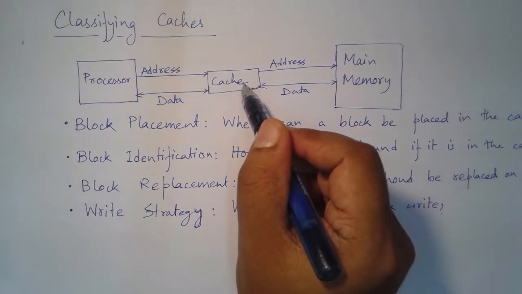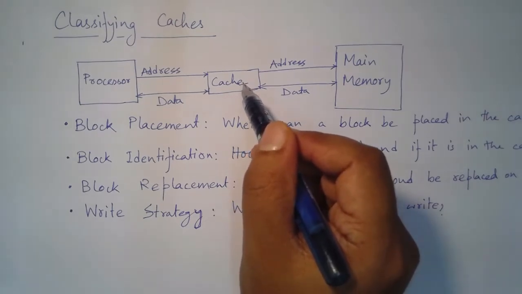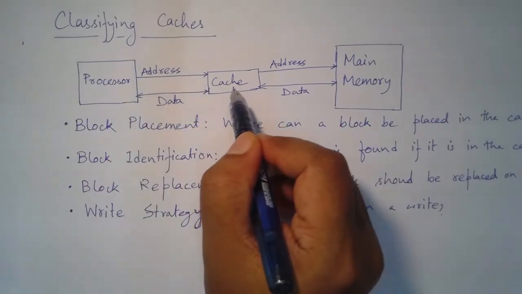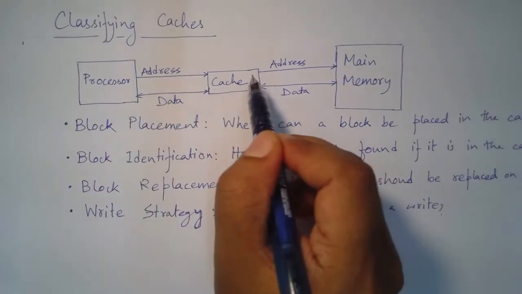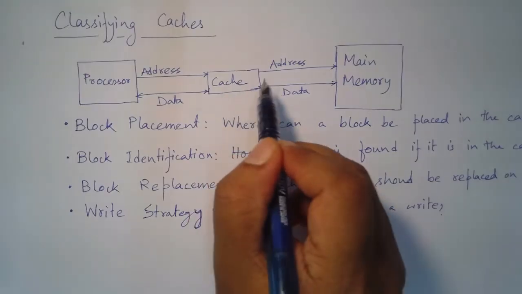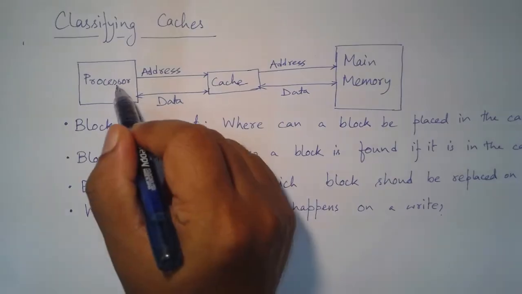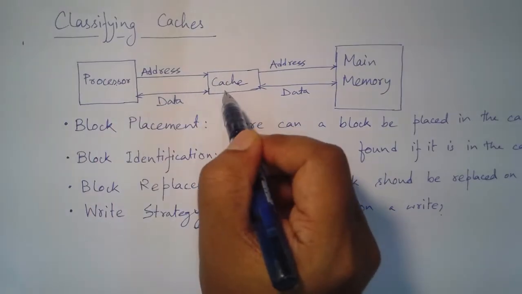The other strategy could be write back. So in write back, again the block is available in cache. Here we are considering only the situation where there is a cache hit. So whatever the processor wants to write, that block is available in cache.